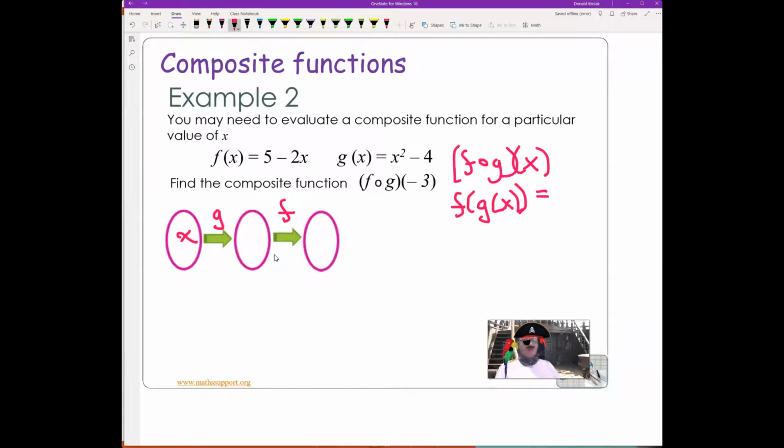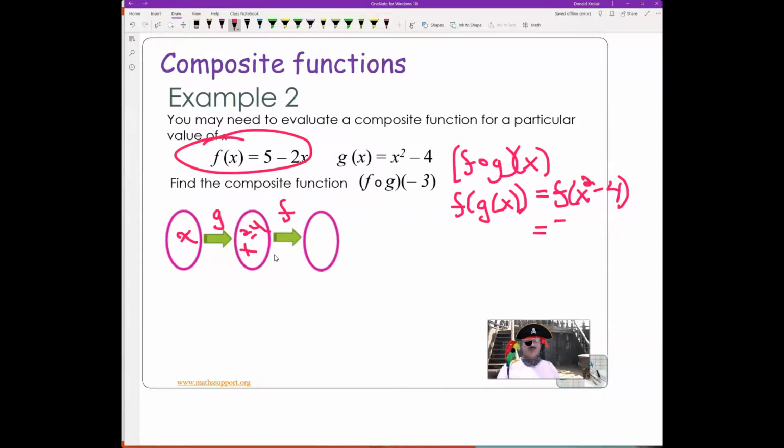So x is my input, just like -3 was earlier. When an x goes into g, out comes x squared minus 4. So this would be f of x squared minus 4. And now x squared minus 4 goes into f of x.